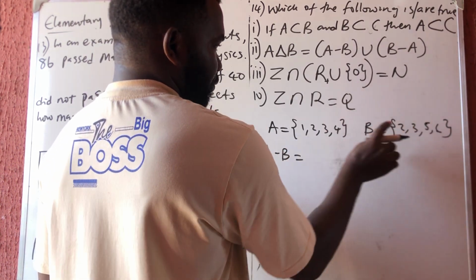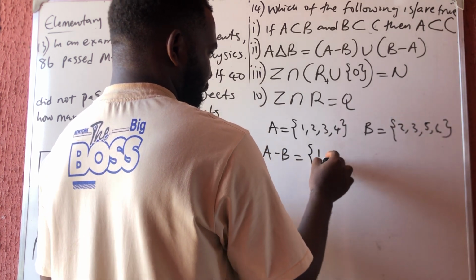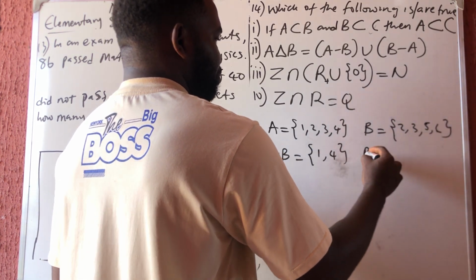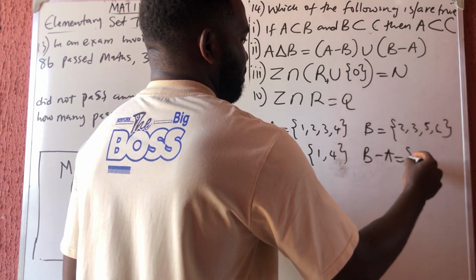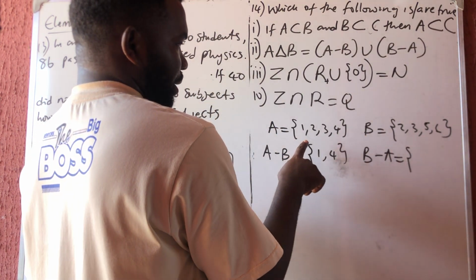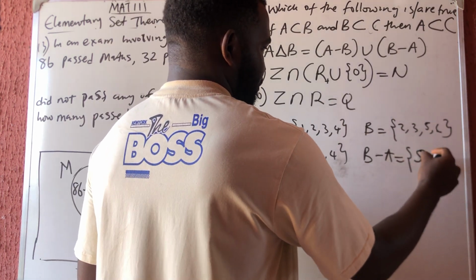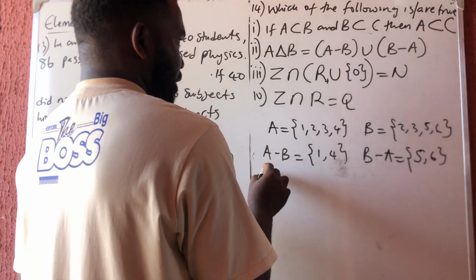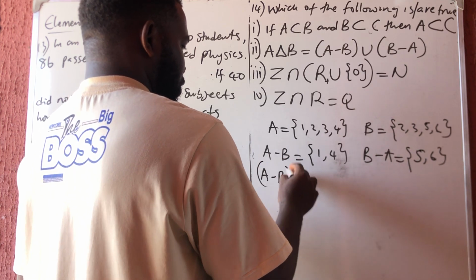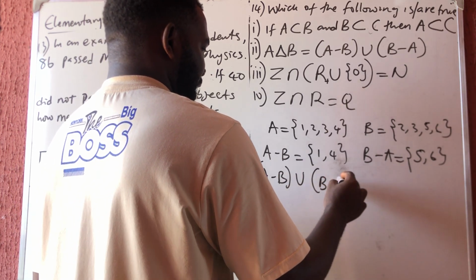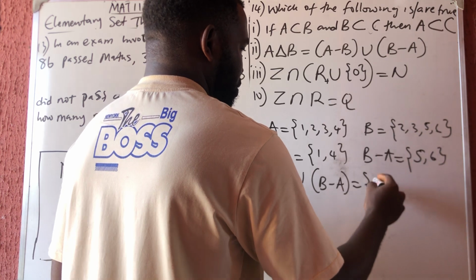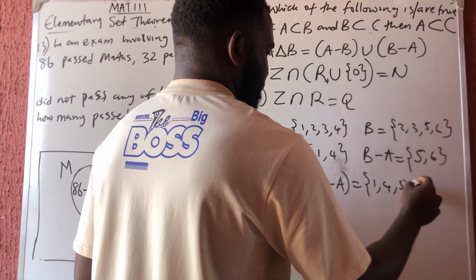Remove 2 and 3, I'm left with 1 and 4. Now B minus A. Remove 2 and 3 again, I'm left with 5 and 6. So A minus B union B minus A is equal to 1, 4, 5, and 6.